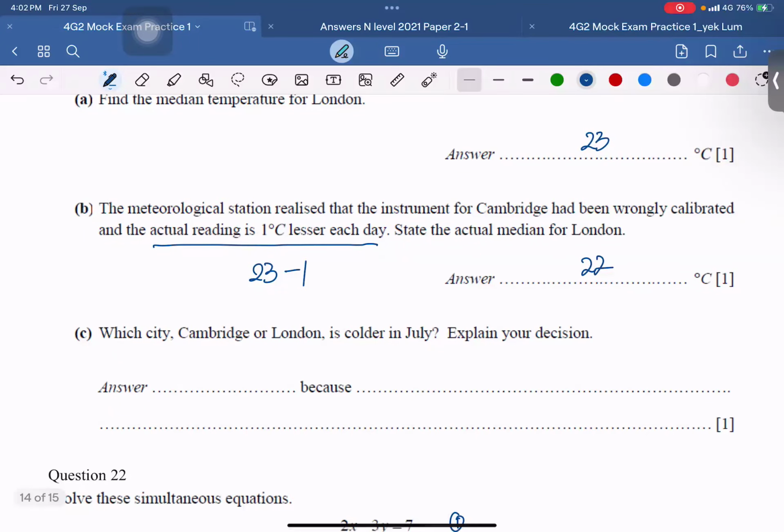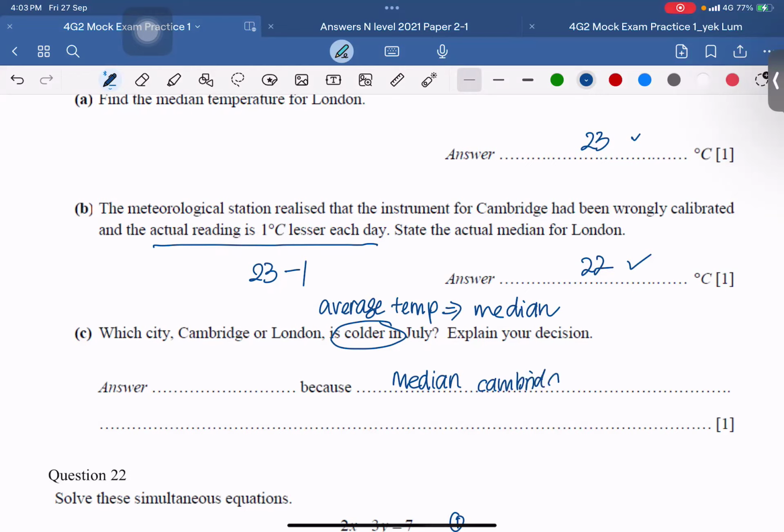When I want to compare which is colder, I'm comparing the average temperature. That means in this case, I'll compare the median. Which country is colder? The median for London is 23, the median for Cambridge is 22. Do not use the interquartile range.